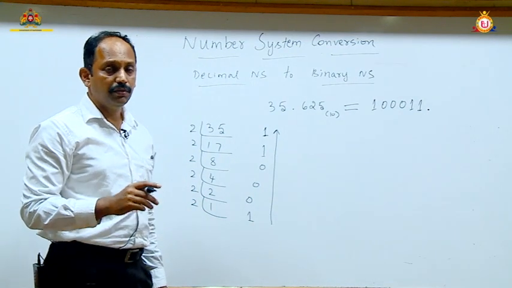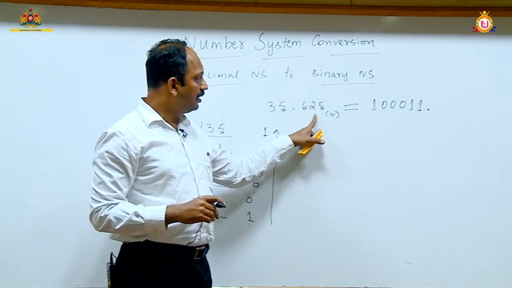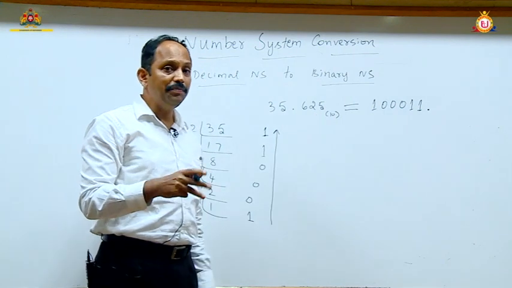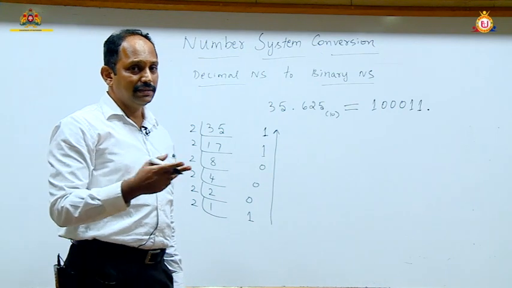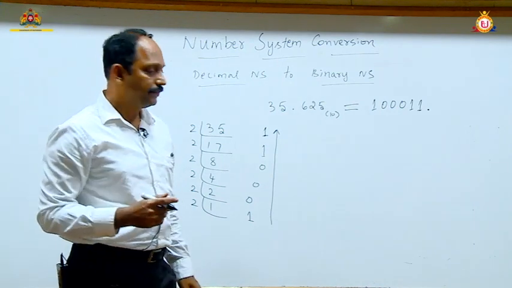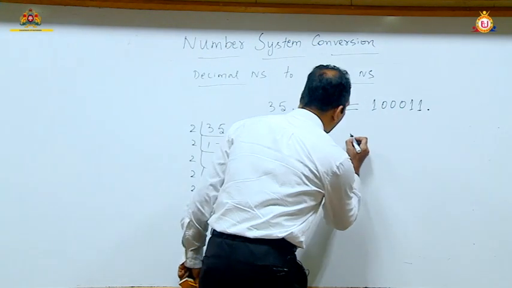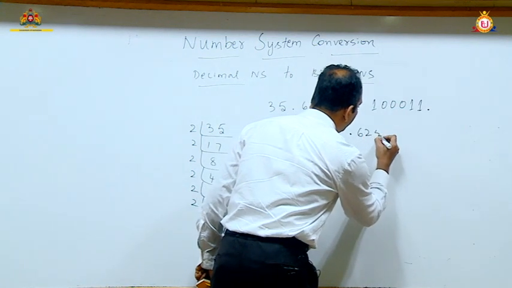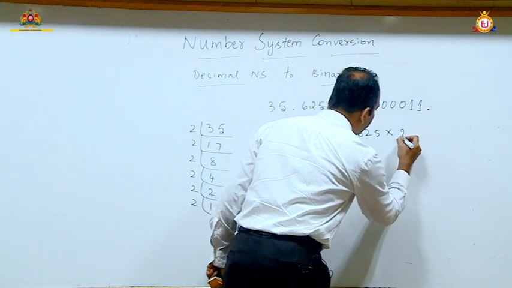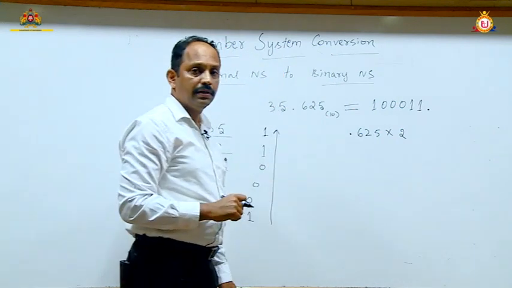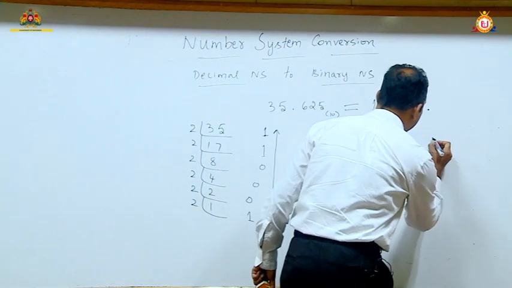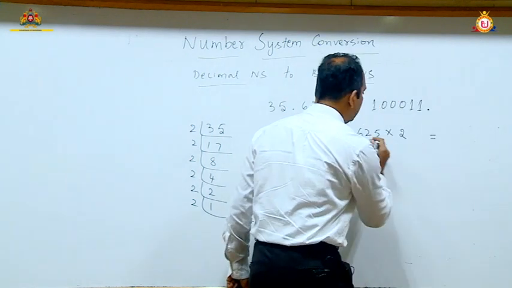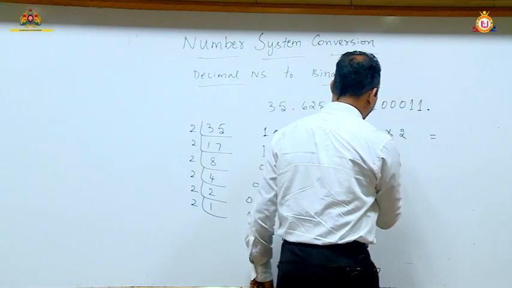No. Answer is no. The fractional part of the decimal number is multiplied by the target number system. In this example, it is 2. So, 0.625 is multiplied by 2. When we multiply by 2, what is the answer we get from this result? That I am writing at this right side. Okay.